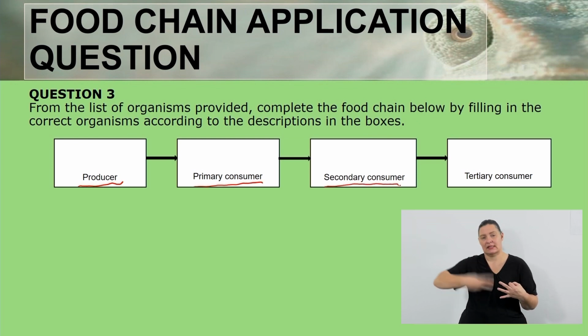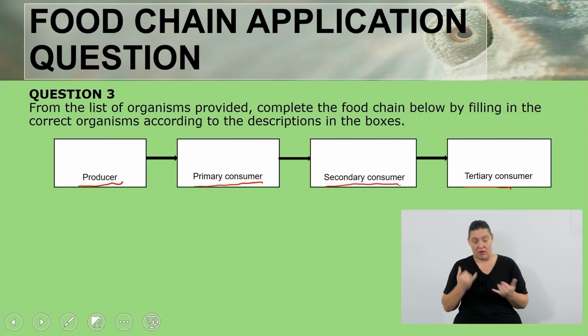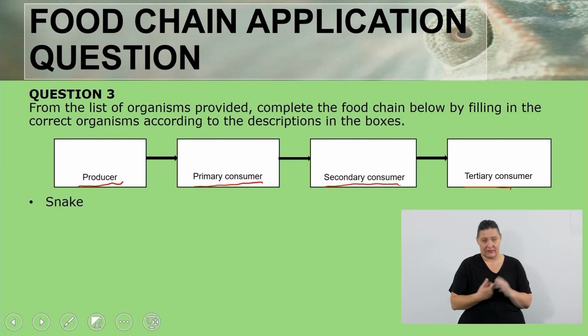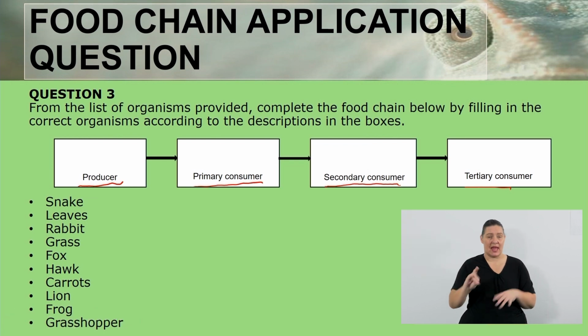Then we have secondary consumer. Then we have tertiary consumer. Now, from the list provided to us, I'm just going to show all of them at once. The first animal that we have there is a snake. We have leaves, rabbit, grass, fox, hawk, carrots, lion, frog, and grasshopper. So from this list, you need to be able to identify one organism that's going to fit into the box.